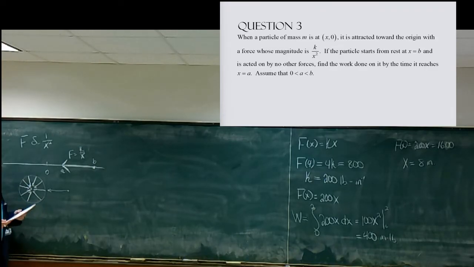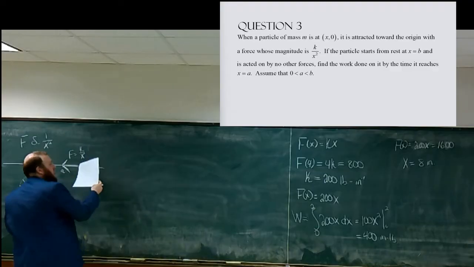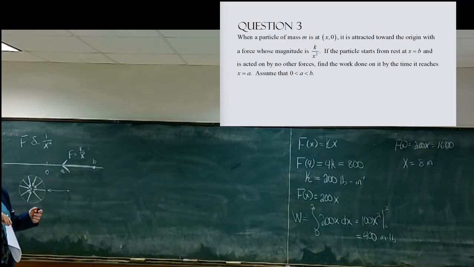Of course, what that means is the further you get away from the center, the weaker the force becomes, because you square the distance and then take its reciprocal. We are not told what k is in this case.